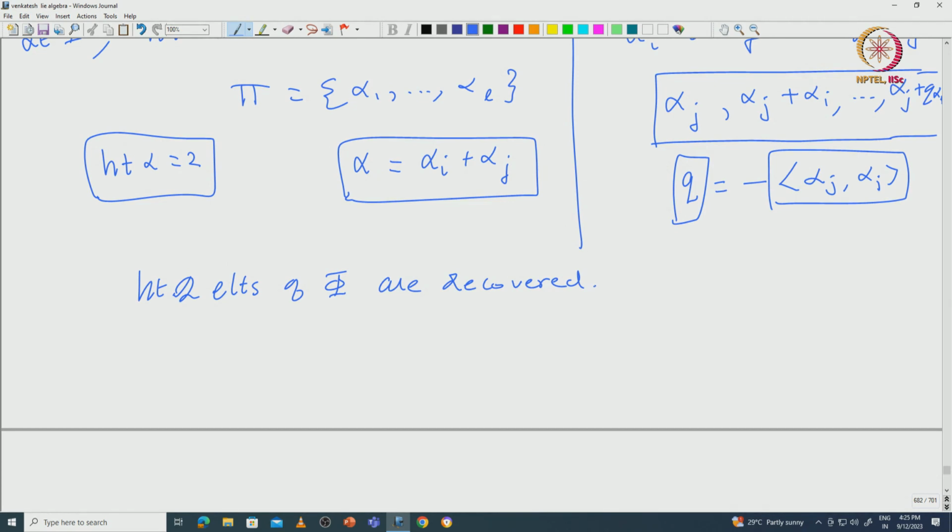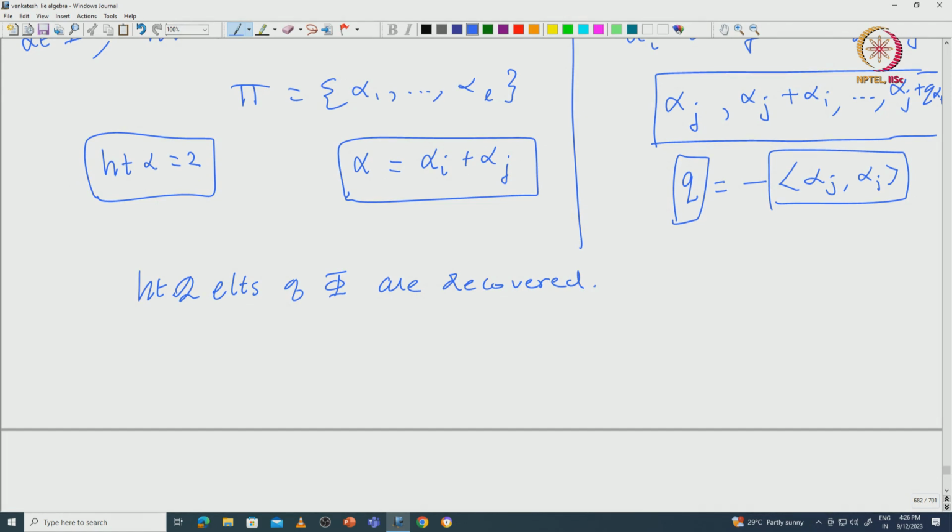Now, if you are interested in recovering the height 3 elements, if we take the height of α to be 2, then you have to start with a height 2 element and add some α_i.